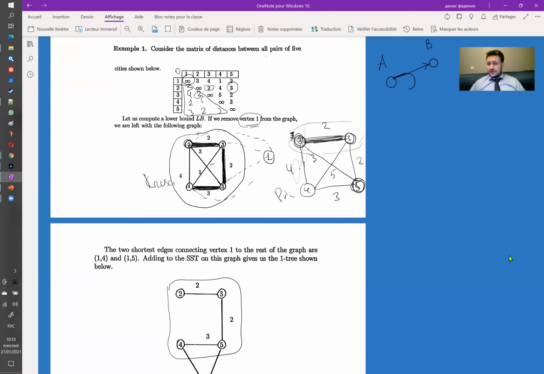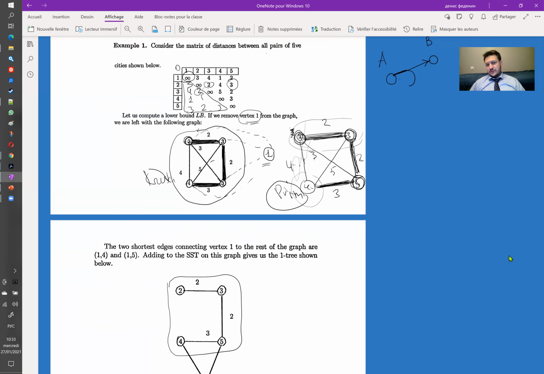So 2 is the shortest one, so we add it. And then we can add this one or this one. We have only 4 because we should consider only cities that are not included in our spanning tree. So 4, and we should choose which city should be connected with 4. 4, 5, 3. 3 is better. So this is Prim's algorithm. As you can see, it's the same here and here, as we have proved before.